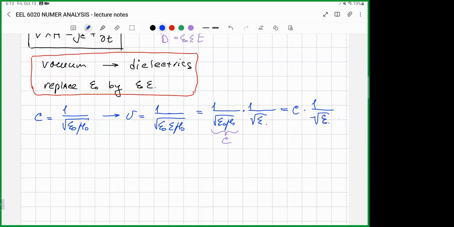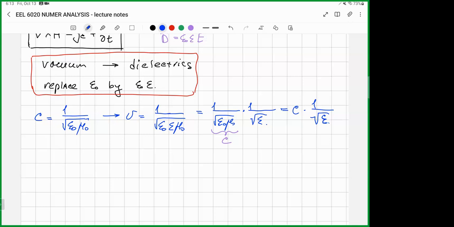And we conclude that the speed of light in dielectrics is changed by the factor 1 over square root of epsilon. And usually epsilon is larger than 1. So the wave in dielectric is slower than in free space.